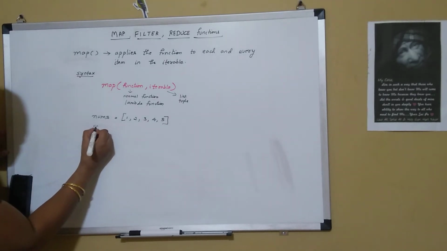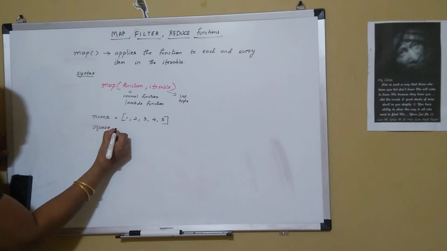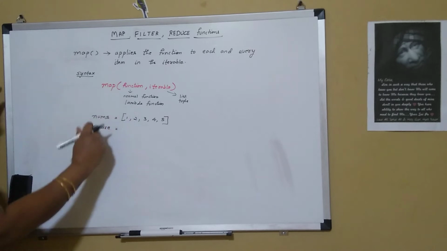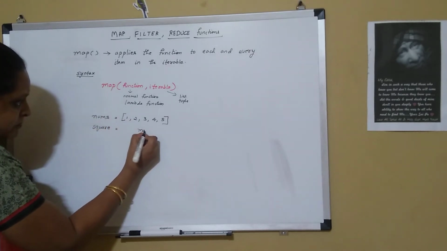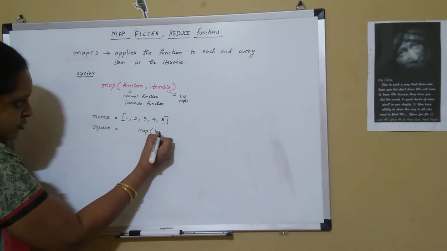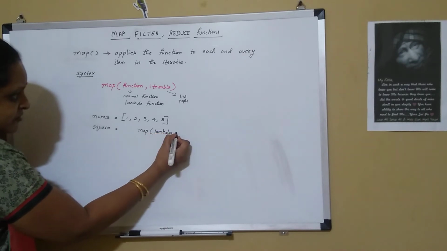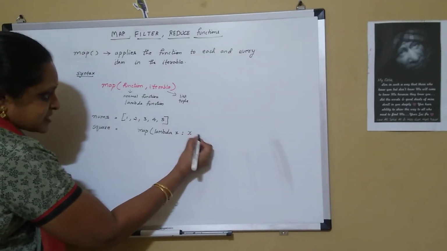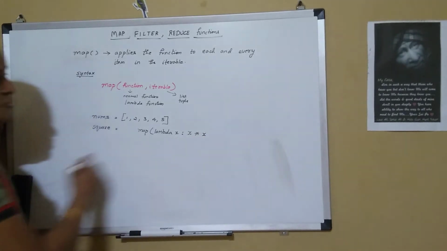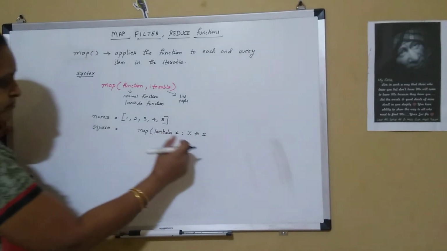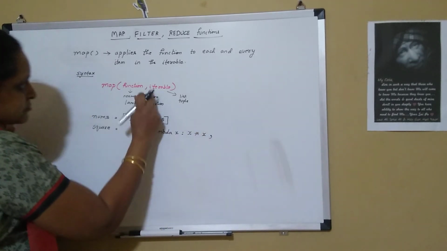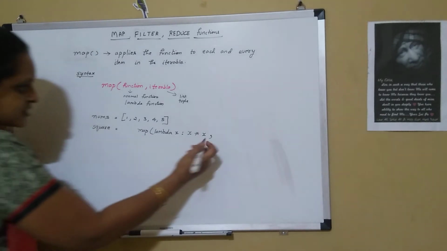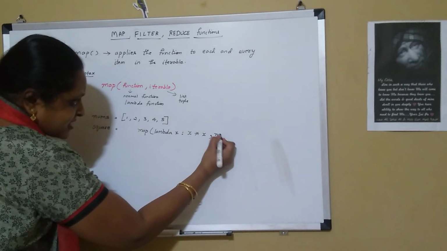So now let me say square equal to, since it's a one-liner, I'll go for the lambda function. So I say map, then I go for a lambda function where I specify x colon x into x, x is the argument. So it is doing the square of the x value. And then my next item is nothing but an iterable. Iterable in this case is the nums list. So I can pass the nums as the iterable.